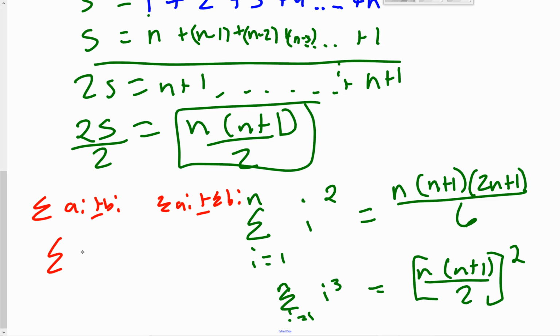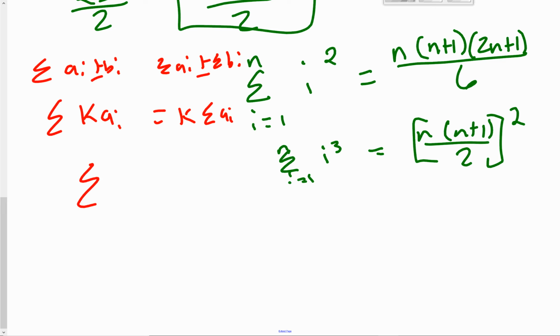If we have a constant, so we have a sum of them constant, we can just pull that constant out and multiply it by the sum of that variable. So we add the variable and then times it by k. And then we said also that if we just have the sum of a constant, that just equals n times that constant, because we start out at 1 and we go to n, right?